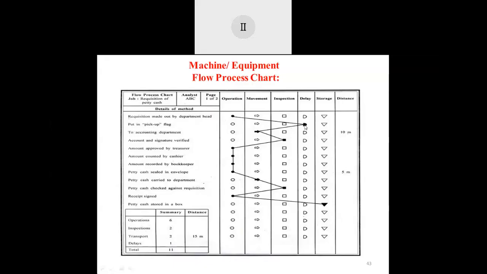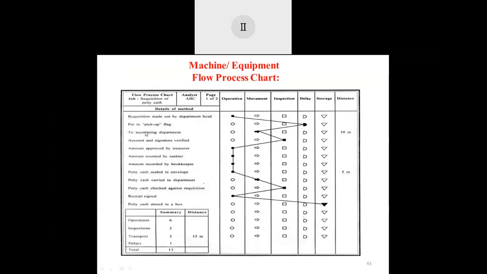It means after you request, after you fill in your requisition, there will be some analysis and approval, and for that some time delay will be there. So it is showing the time delay here. That's why the cash comes to this delay position.